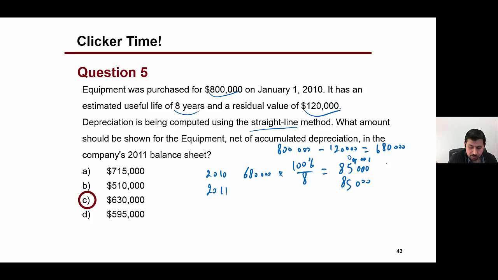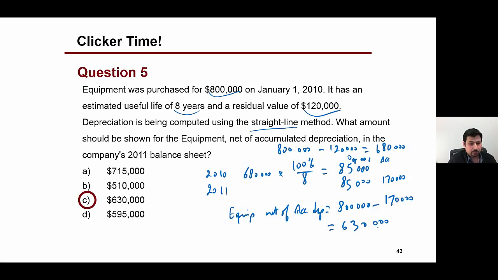So here the accumulated depreciation will be 170,000. So the value of equipment net of accumulated depreciation will be equal to 800,000 minus accumulated depreciation, which is equal to 630,000. This is again the book value of the equipment account.